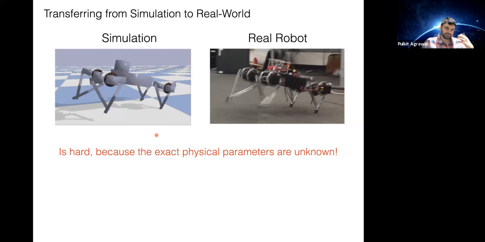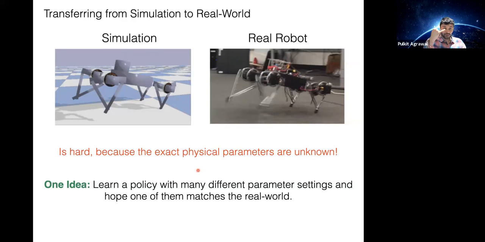But the main reason why simulation to real world is hard is that exact physical parameters are unknown on the real system. So one idea which is used to bridge this gap is to say, I don't know the exact parameters, so what if I train with many different parameters in simulation and hope that one of those parameter settings is going to be close to the real world?